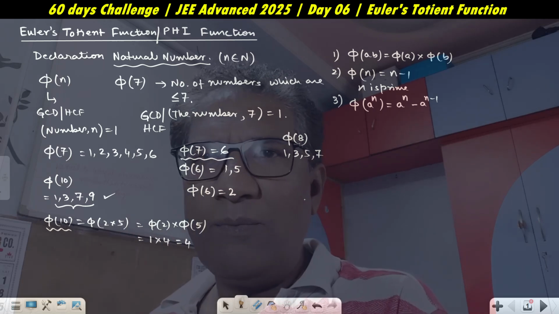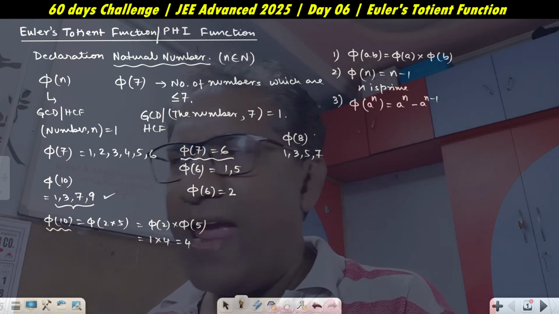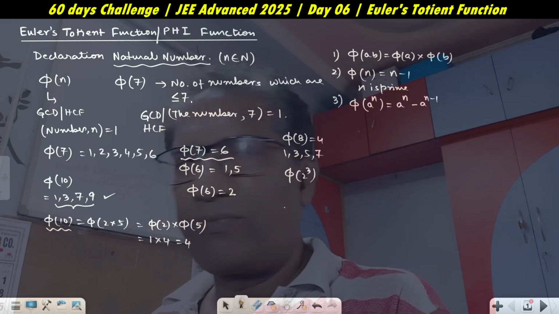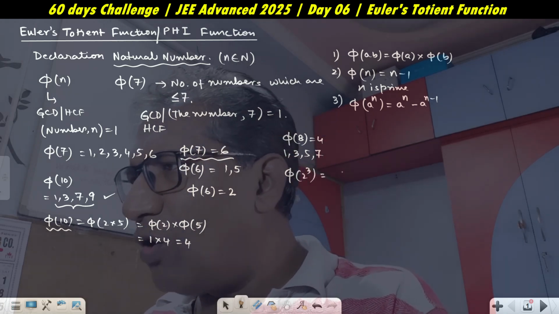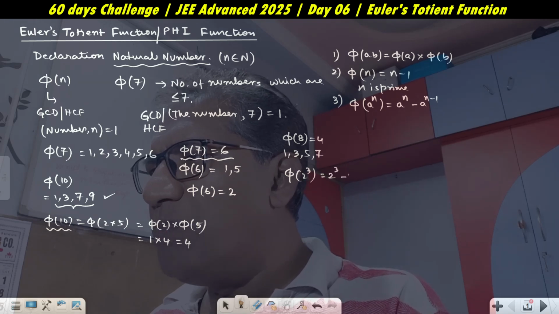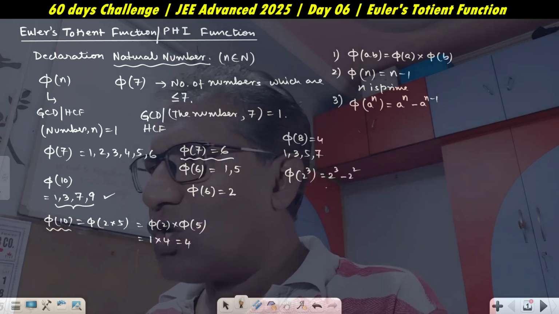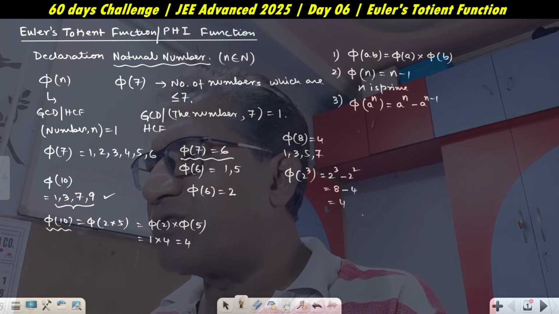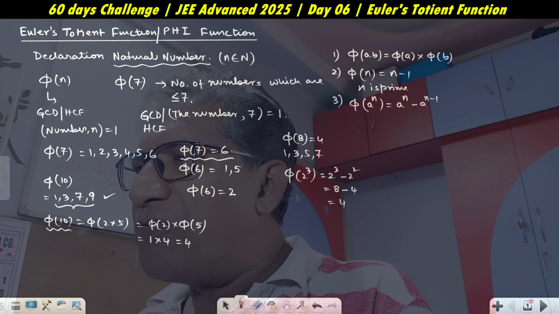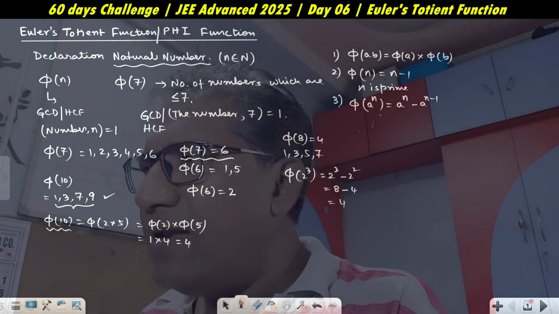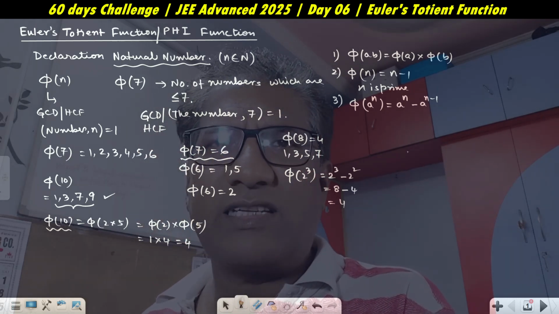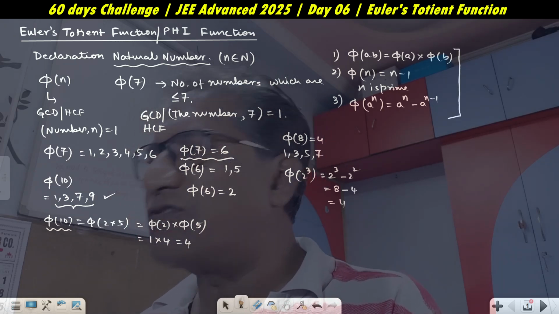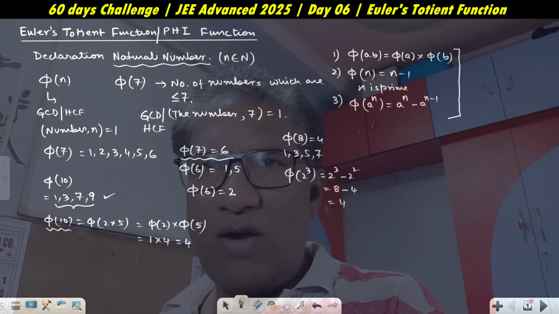So there are 4. So the Totient number of 8 is 4. Now let us try to do it by this method, 2 cube. According to the formula, it will be 2 cube minus 2 square. So 2 cube is 8 and 2 square is 4. So that gives us 4. So phi of a to the power n is a to the power n minus a to the power n minus 1. So these 3 formulae we have to remember. Is it clear to everyone?